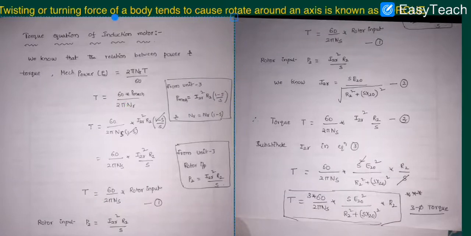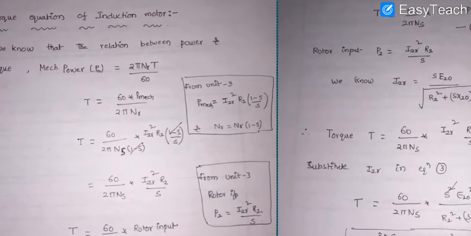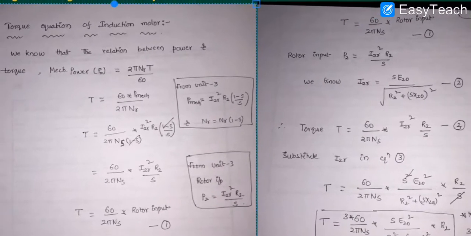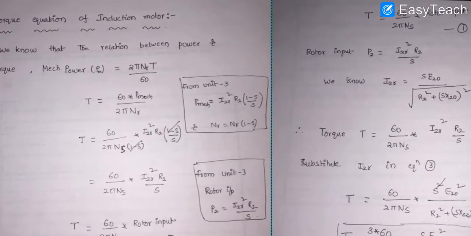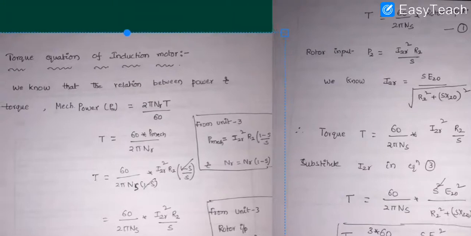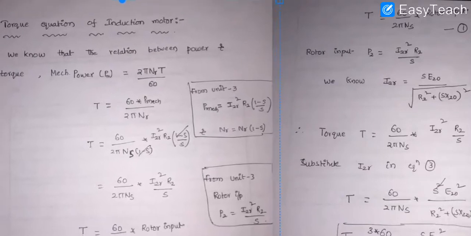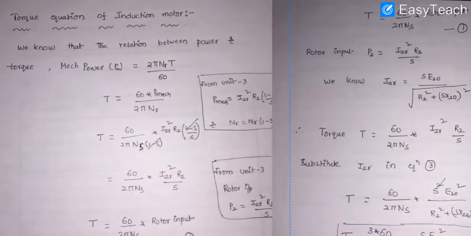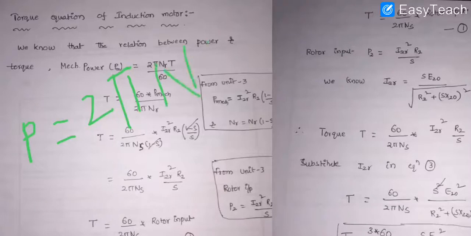The torque expression is given by the relation of torque and power, that is power P equal to 2 pi N by 60 into torque.